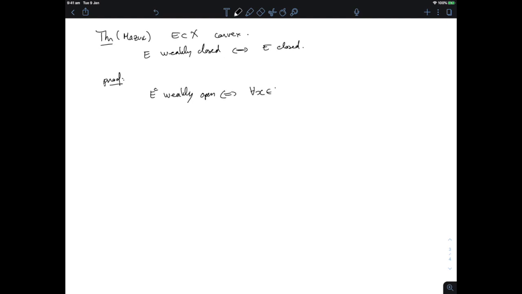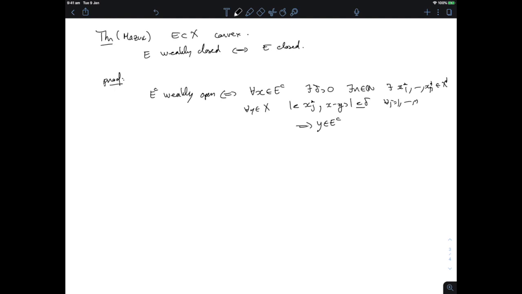It means that whenever I take an element x in the complement of E, I can find a small neighborhood of it that is included in the complement of E. So there exists a delta, there exists an n, there exist n functionals x1 star till xn star in the dual, such that whenever y is in this little neighborhood, such that xj star tested against x minus y is smaller than delta for all j equal to 1 to n, then such a y has to be in E complement, right?